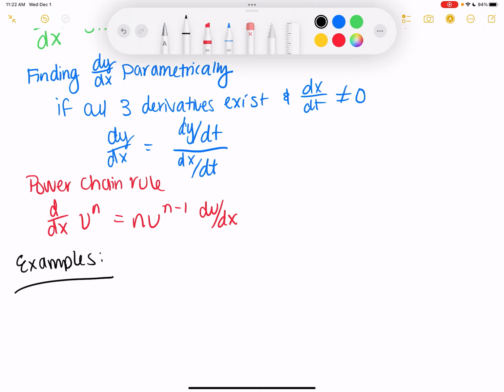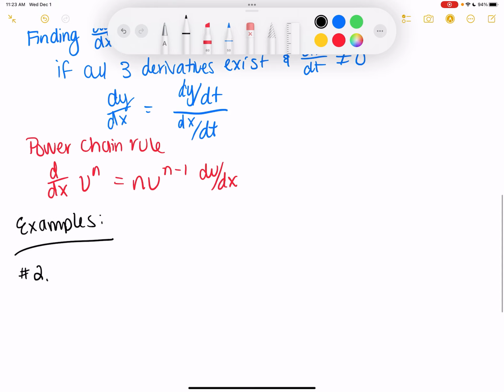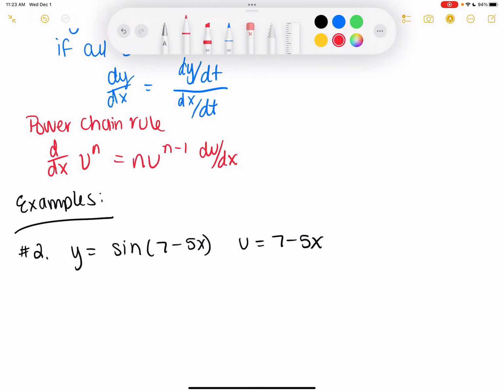Alright, so some examples here. These say to use the given substitution in the chain rule to find dy dx. So it's given to you like this, as y is equal to the sine of 7 minus 5x, and then u is equal to 7 minus 5x. So what you'll notice is that this stuff in parentheses here is u.